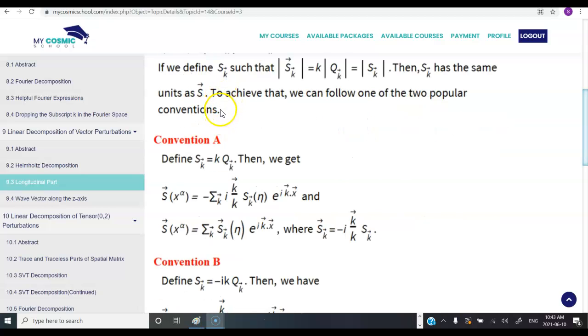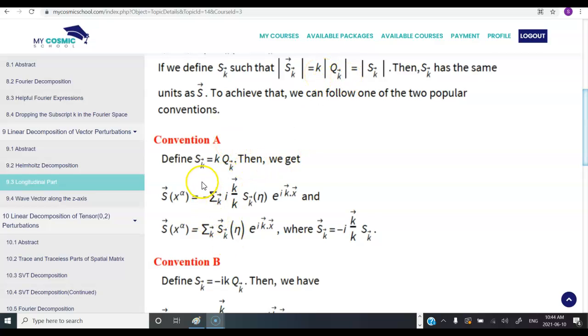And you see, from here on, cosmologists follow two conventions, because you have some free will here. You have some freedom here. We want to achieve that the absolute value of qk is equal to the absolute value of sk divided by k, or the absolute value of sk is equal to k times the absolute value of qk.